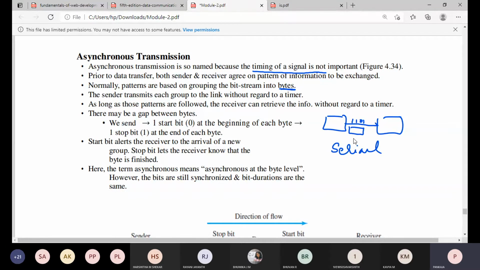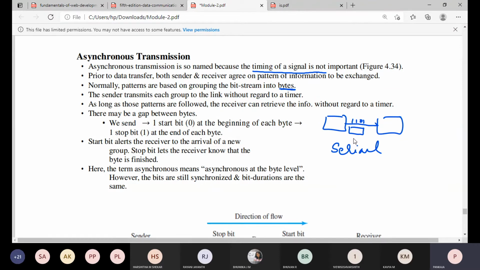The 8 bits are not sent at the same time, but serially it will be sending one byte of information. The sender transmits each group to the link without regard to a timer, so the sender is not going to worry about the timing information of the transmission.